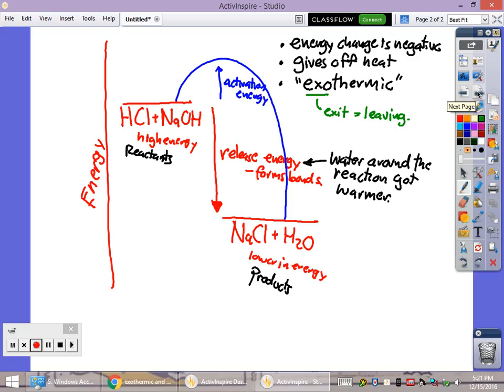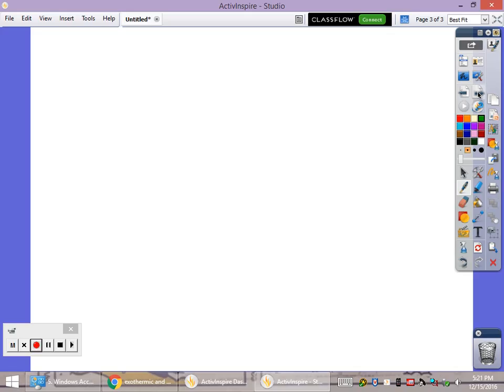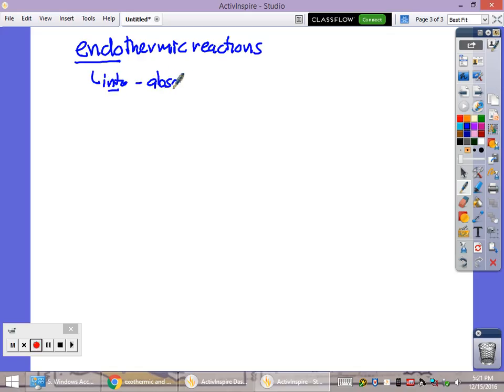We can do the same thing when we have an endothermic process. The difference, though, is in this case, an endothermic reaction, and this looks a little bit like into, which means absorbing heat.